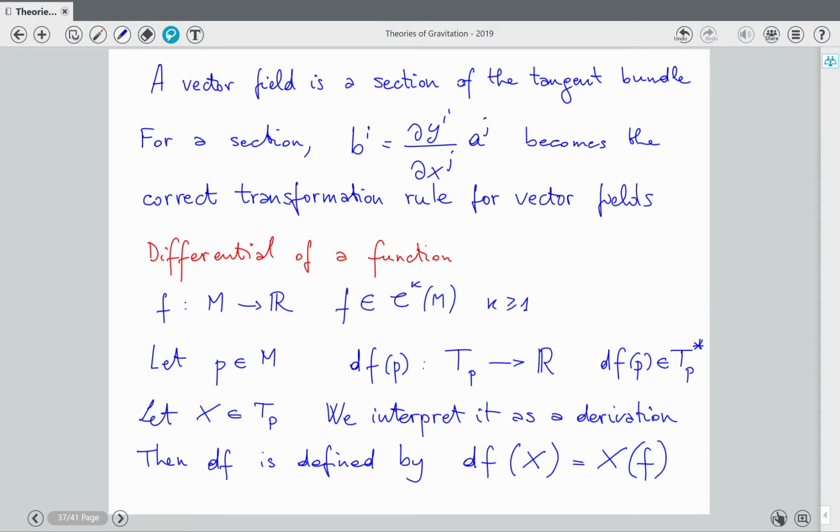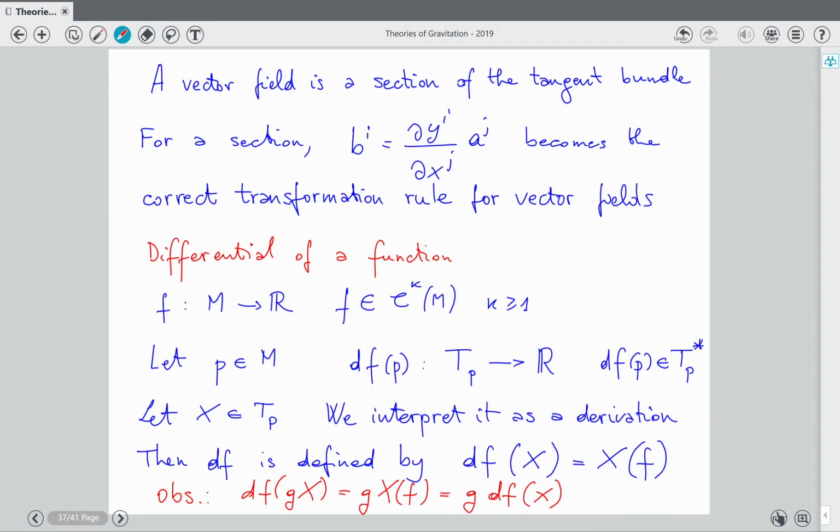Note the following thing. df of g, a function times x, is, well, g times x is another derivation, so instead of x you have gx f, which means that this is g times the differential of f acting on x.